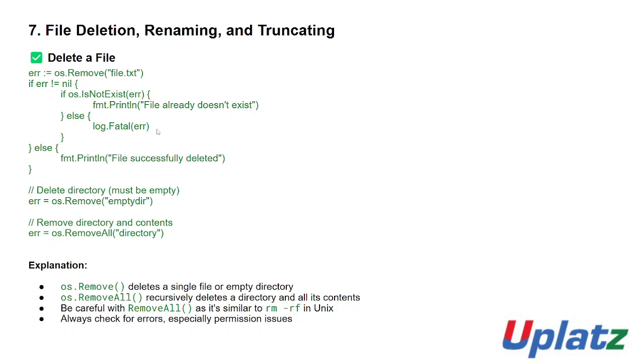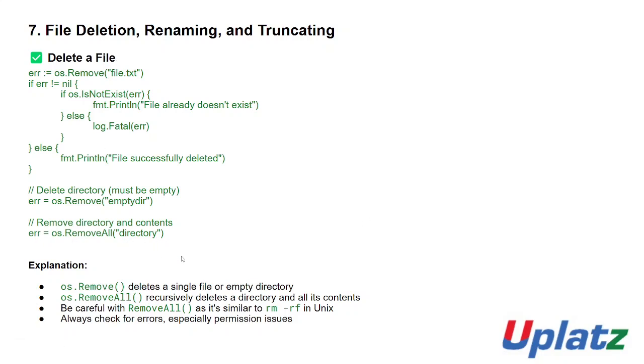Otherwise, fatal this error. And if it works okay, then println file successfully deleted. And delete directory, must be empty. Then error os.Remove emptyDir, then remove directory and contents. RemoveAll, that is the directory.